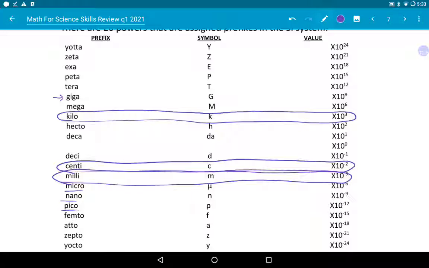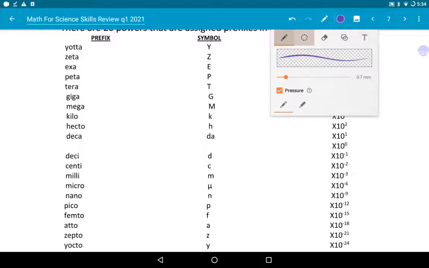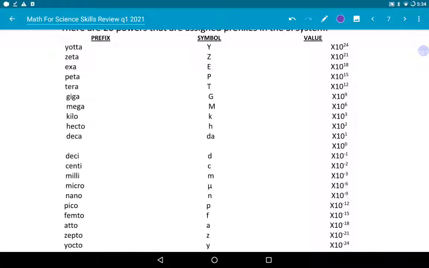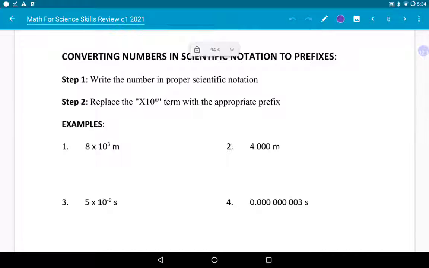So what we're going to do is look at how we actually use these. Let's take a look at some examples. We're going to start off by converting numbers that are in scientific notation or standard notation, depending on which you're starting with.